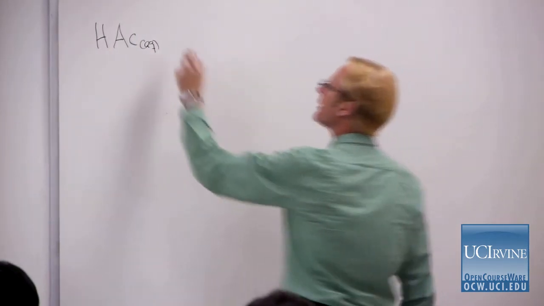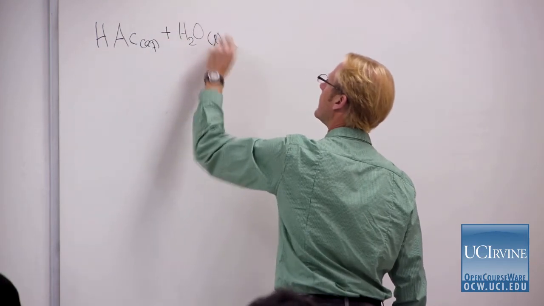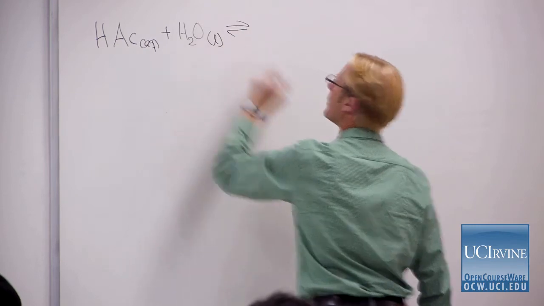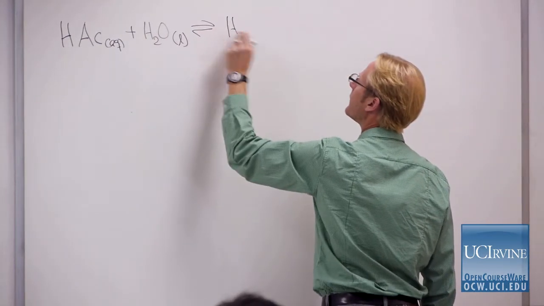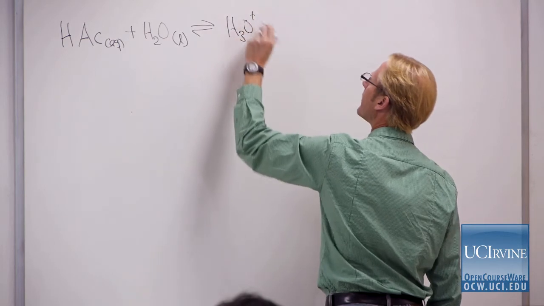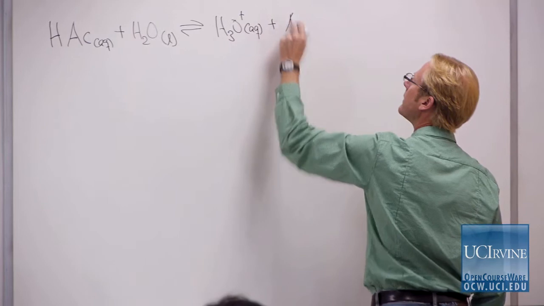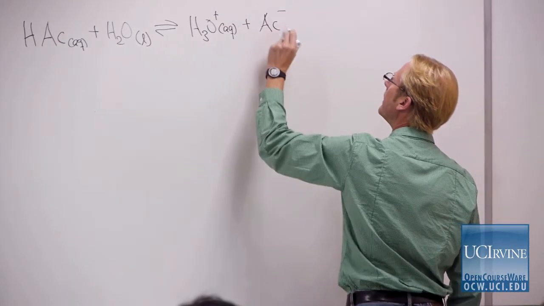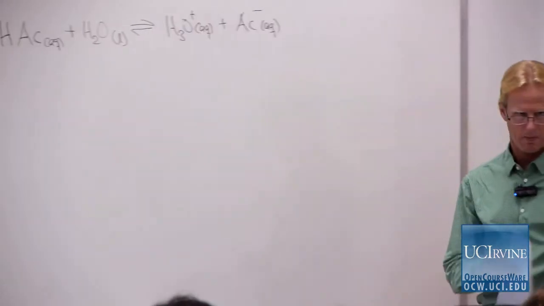So acetic acid reacts with water and then produces an equilibrium where we have the protonated water plus the conjugate base acetate ion. Okay?